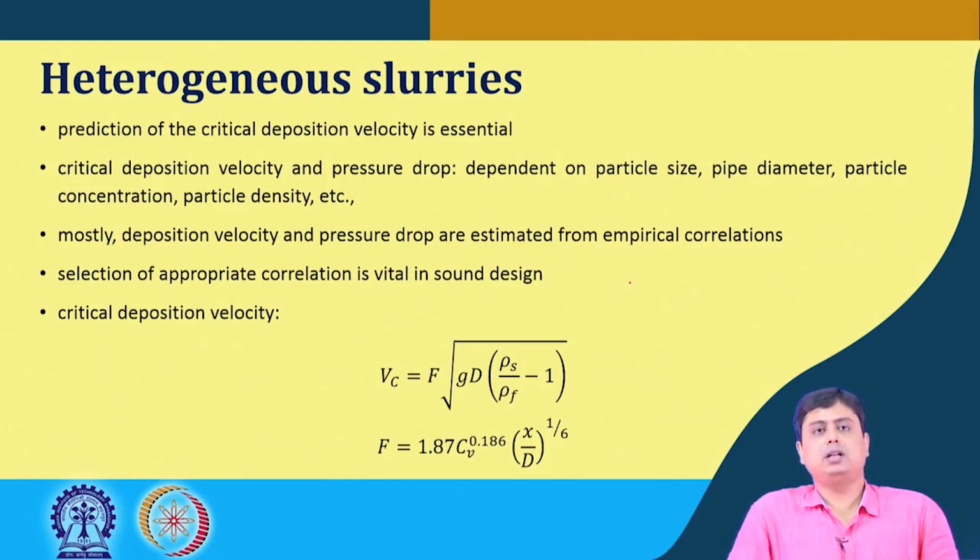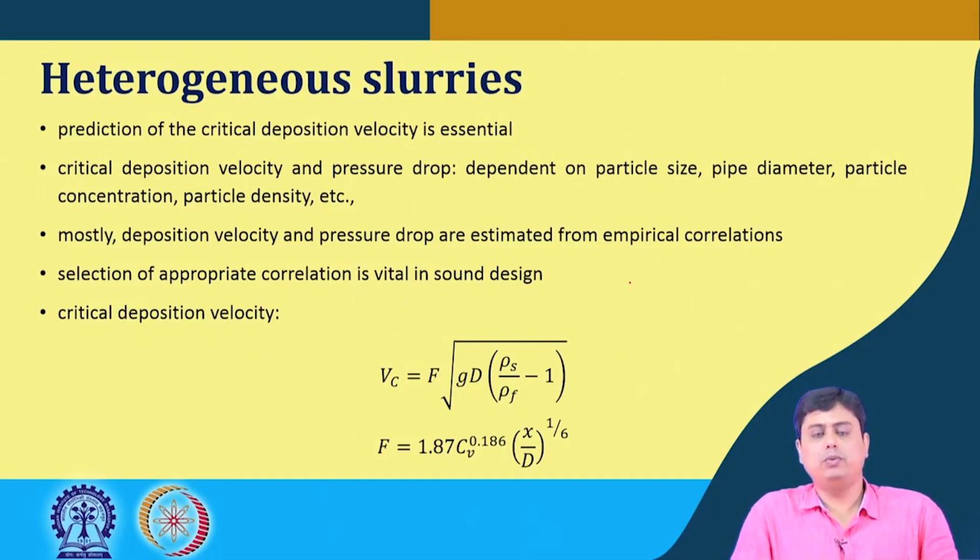So, the prediction of the critical deposition velocity is very essential while handling these heterogeneous slurries. For any heterogeneous slurry, it has to be operated above this critical deposition velocity. Otherwise, there will be particle settling at the bottom surface of the pipeline.